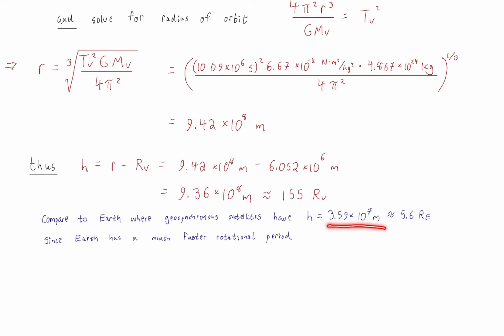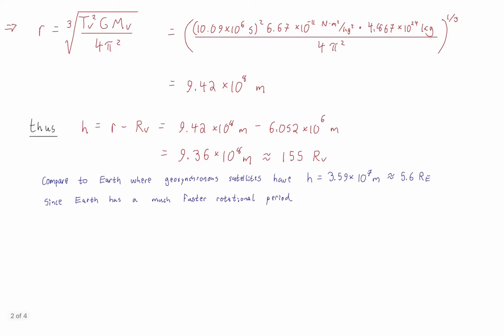And this one here is thousands of kilometers, okay? But despite that, it's only 5.6 times the radius of Earth as compared to 155. Again, because Venus has such an unusually long day, okay? Which has other bearings on the features of Venus.